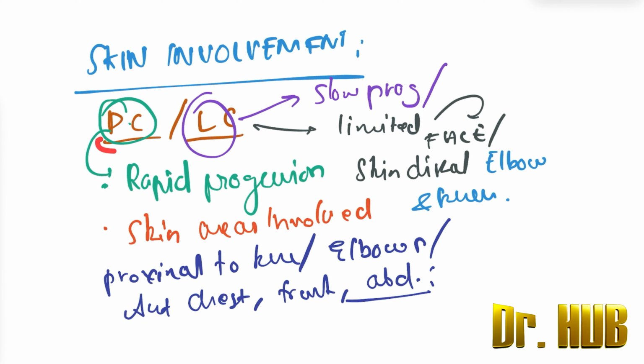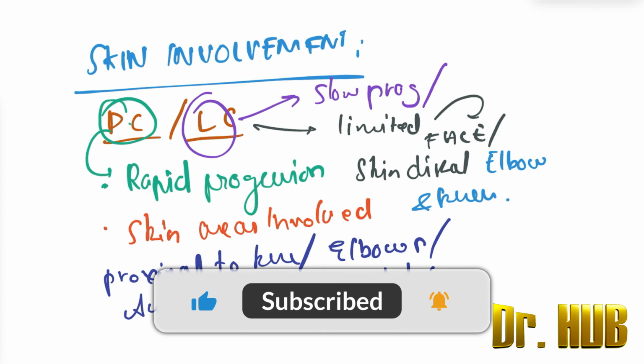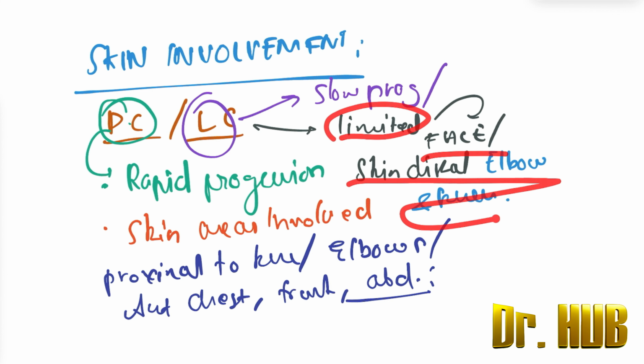In terms of DC, there is rapid progression, and the skin areas involved are proximal to the knee and elbow and the AT, that is the anterior chest, trunk as well as the abdomen. Looking at LC, limited cutaneous, it is slow progressing. It is limited to the face and skin distal to the elbow as well as the knee.